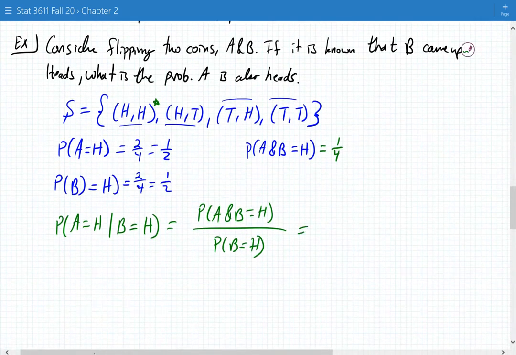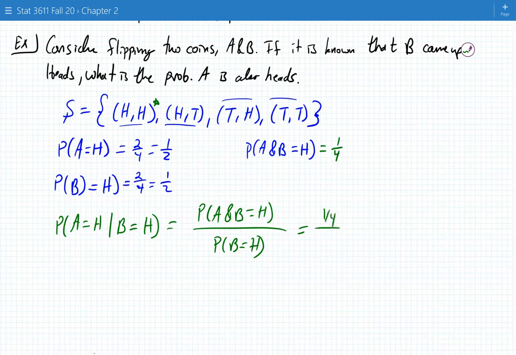The probability of the intersection is 1/4. The probability that B comes up heads we know to be 1/2. And so the desired probability is 1/4 over 1/2, which is 1/2.